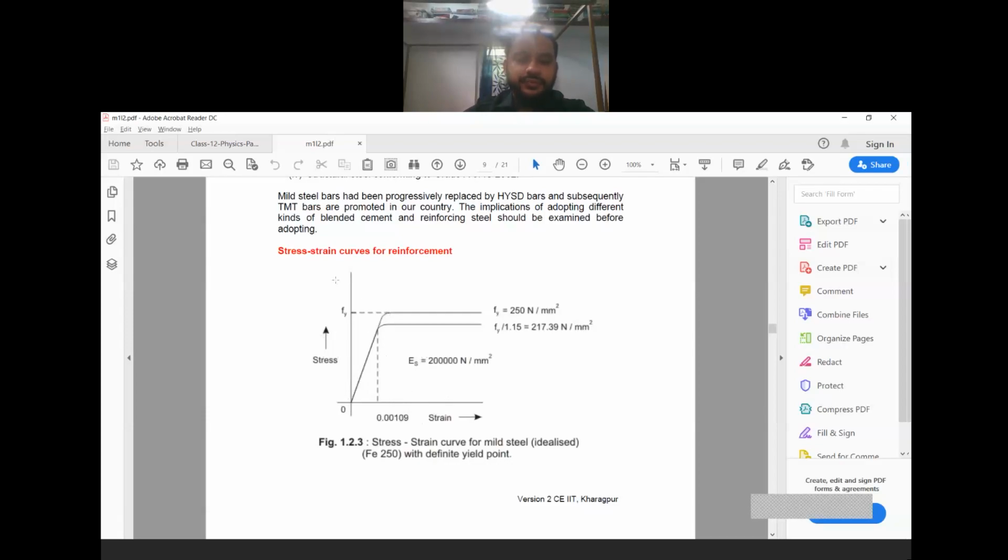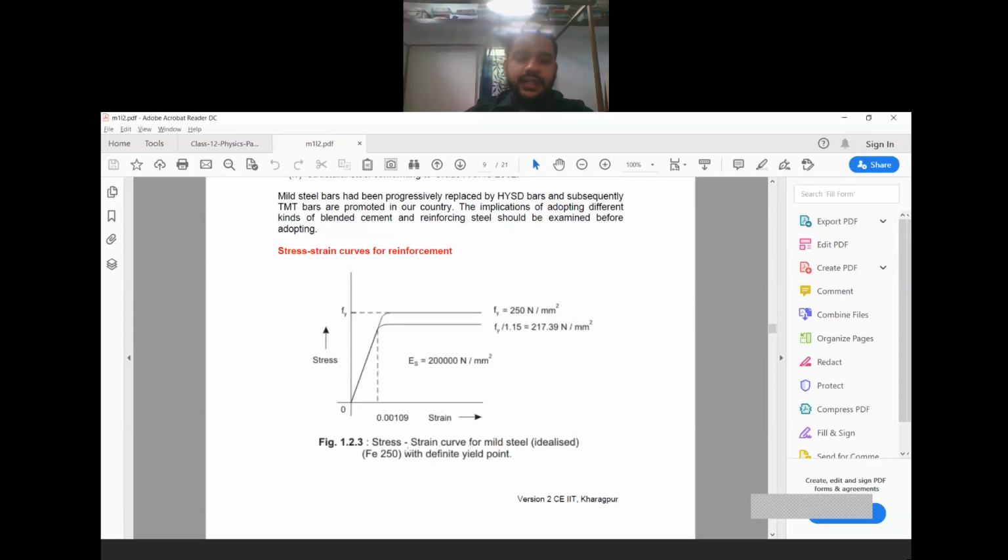Reinforcement means steel, so this is the stress strain curve for steel. If you put load, this curve indicates how stress and strain will vary. And this is for mild steel.